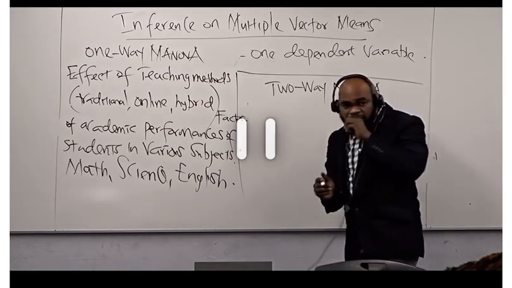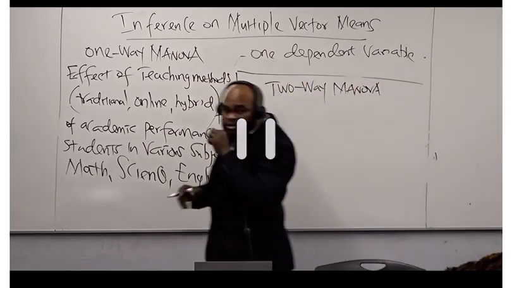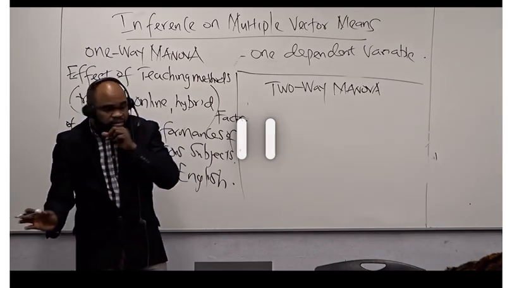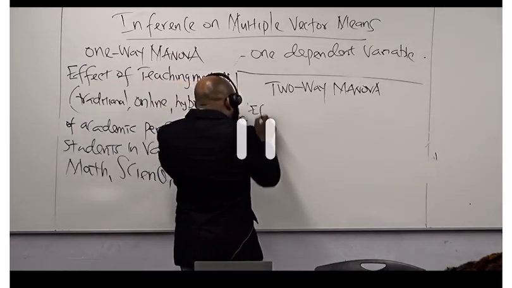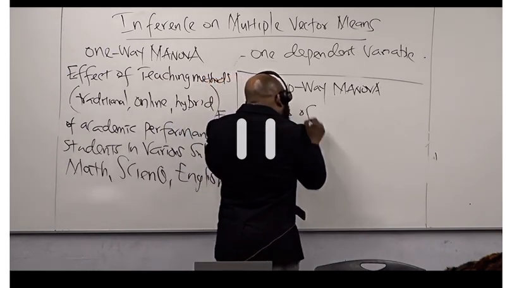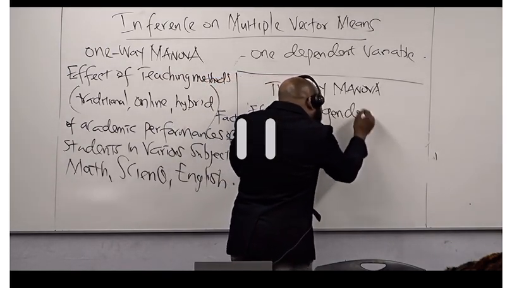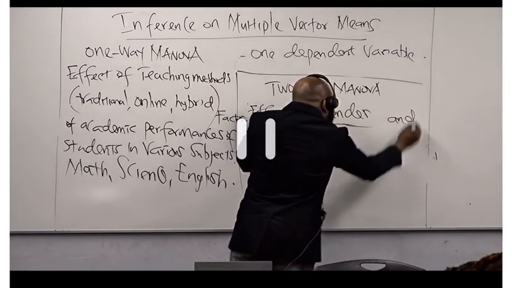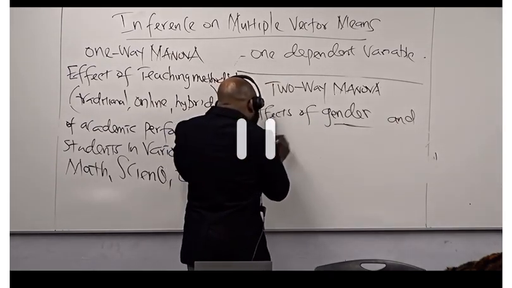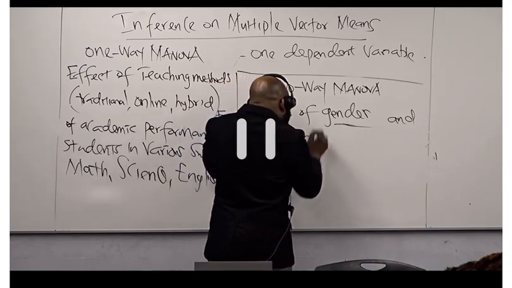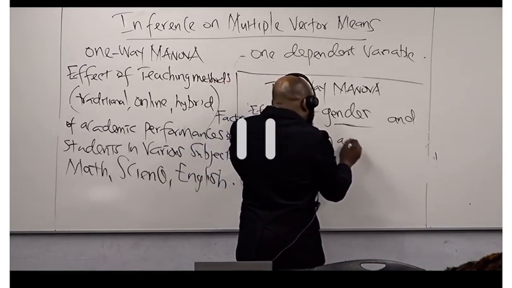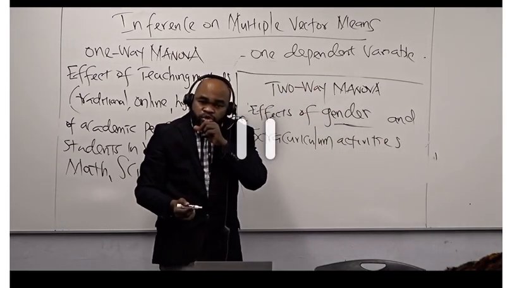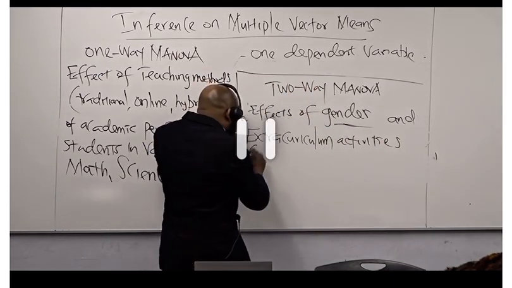So when I say two-way MANOVA, I'm actually going to have more than one factor. Okay, that's what's going to make a difference. Now, I want to look at the effect of gender and extracurricular activities, maybe the kind of group students belong to.